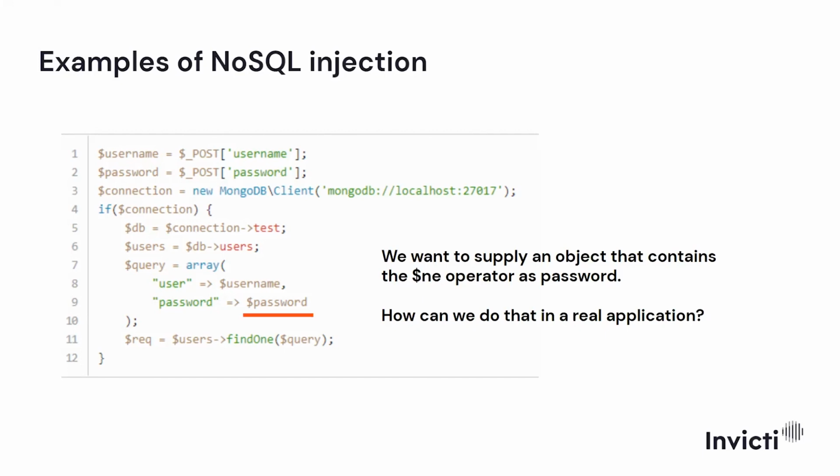Now, what we want to do is supply an object that contains the $NE operator as a password with the letter X, as we've seen before, or any other input. And the question is now, how can we do that in a real application? Because usually you only pass strings with the $_POST variable we've seen above.